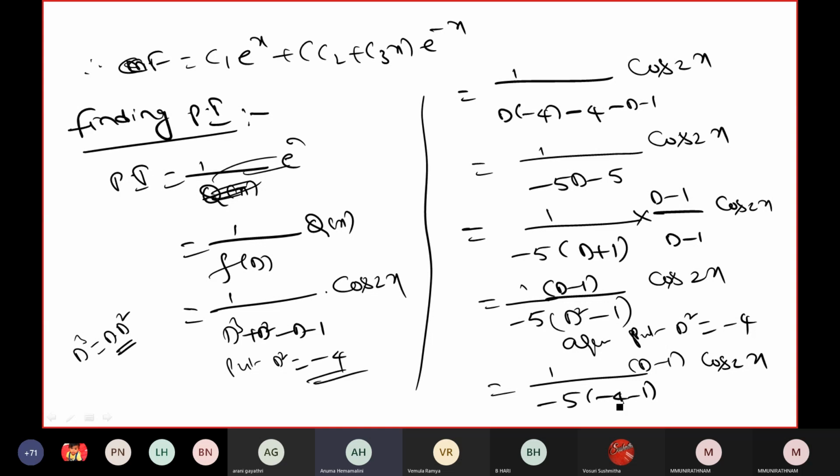So 1 by 25, 5 into 5. Okay. D of cos 2x, derivative of cos 2x, minus sin 2x into 2, minus cos 2x.